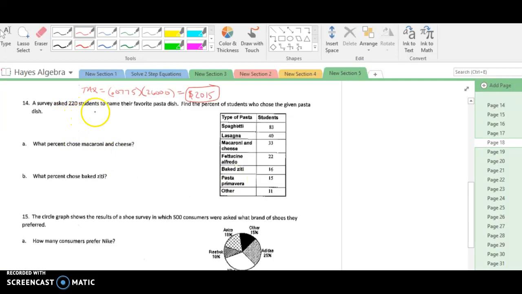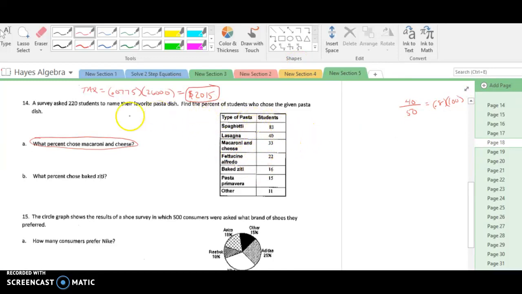So a survey asked 220 students to name their favorite pasta dish. Find the percent of students who chose the given pasta dish. Okay, what percent chose macaroni and cheese? Well, think about it. If I give you a quiz and the quiz is worth 50 points and you get 40, what do you do to find your grade? You take 40 and divide it by 50, you get 0.8, multiply that by 100. So with these problems, it's the same thing.